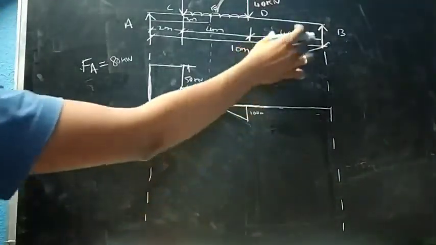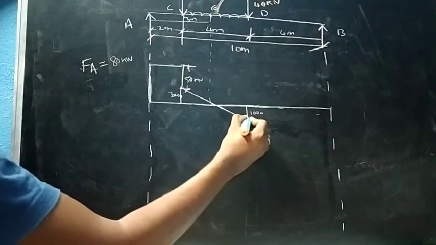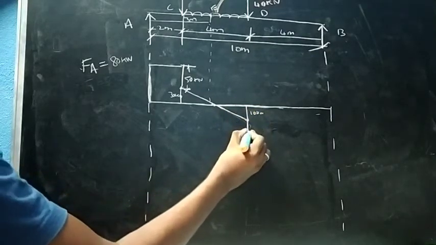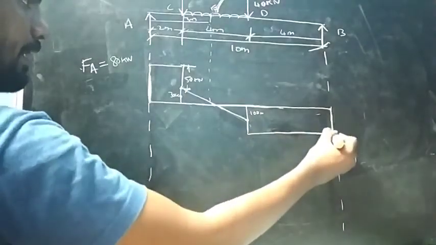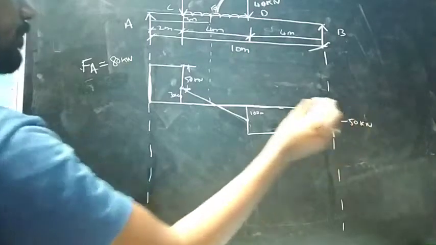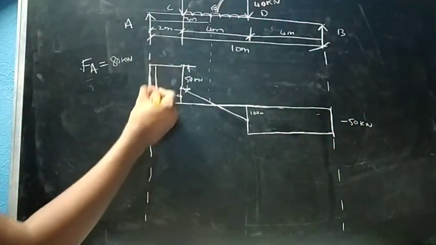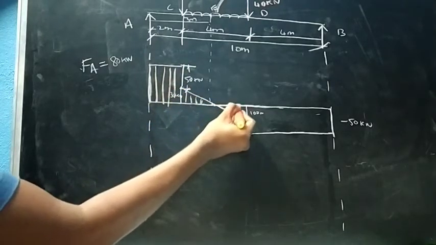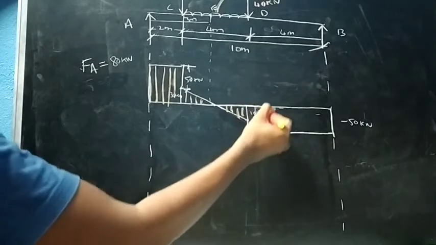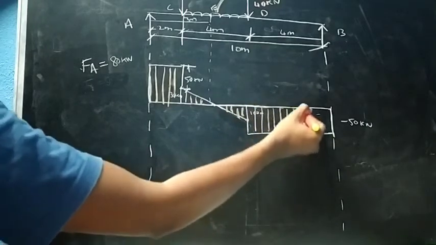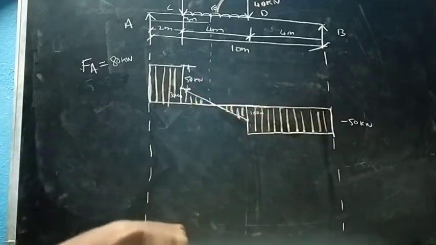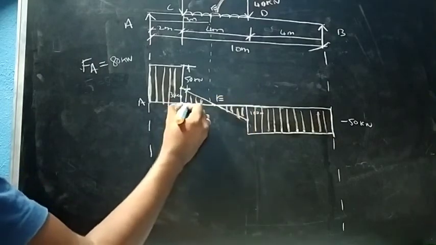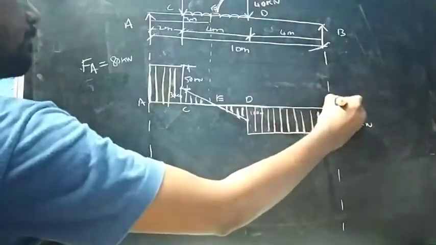So from here there is no other load, so it will go linear, that is 50 minus 50 kilonewton at D, that is minus 50 kilonewton. So shade this part to represent shear force. Right, give the names, that is E, A, C, D and B.